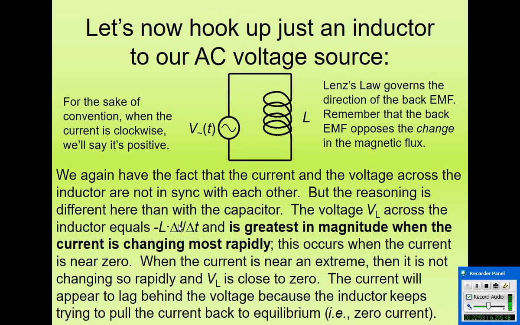When the current is at a maximum, it's actually not changing very much. It's when the current is close to zero that it's rapidly changing. It's, for instance, changing from a positive quantity to a negative quantity, which is a pretty big change when you think about it. So when the current is close to zero, it's changing most rapidly, and that's when the voltage across the inductor is at its greatest.